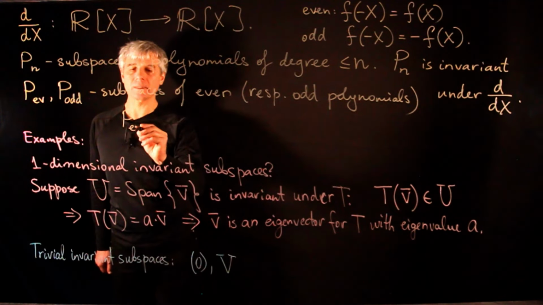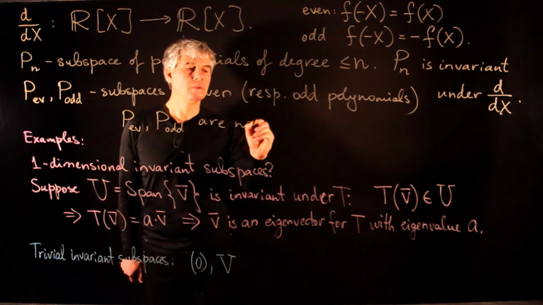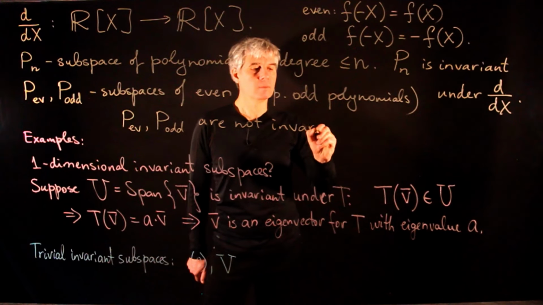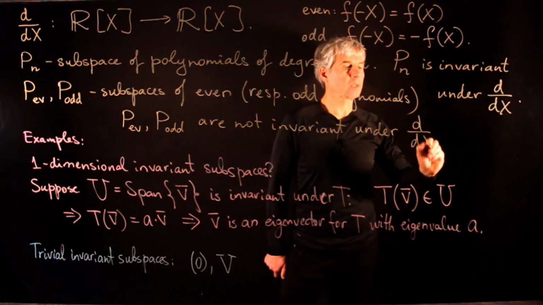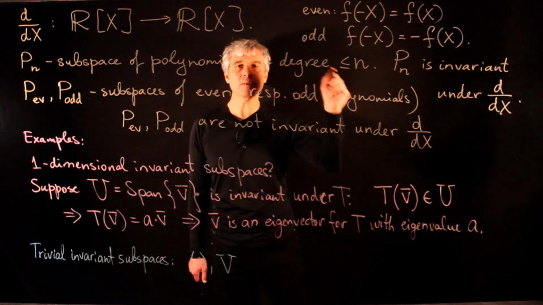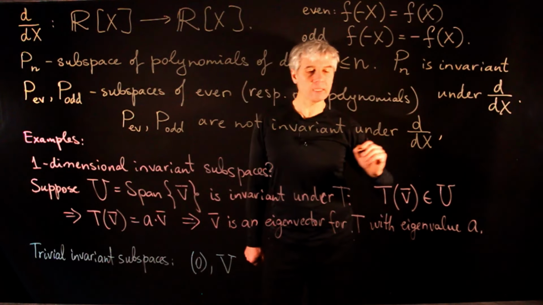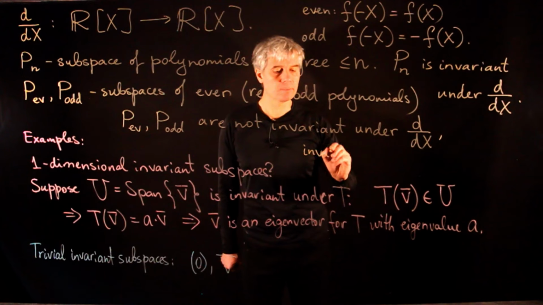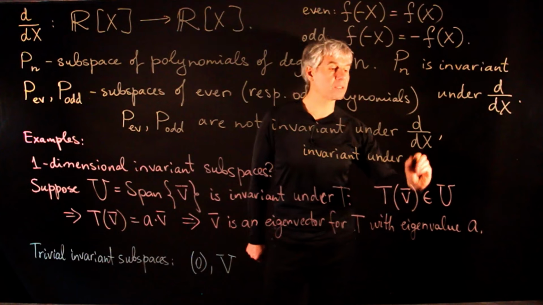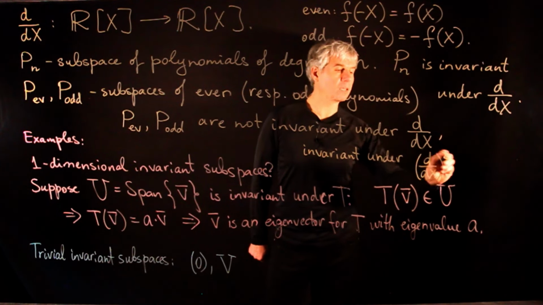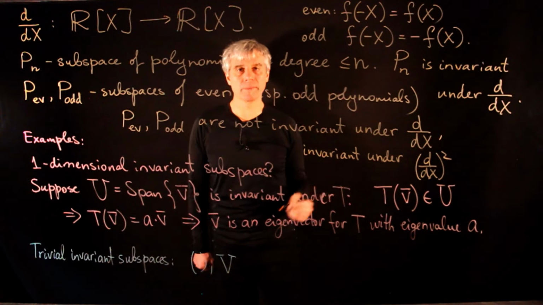So these spaces are not invariant under the operator of differentiation. One can check that the derivative of an even polynomial is odd and the derivative of an odd polynomial is even. But the spaces are invariant under the operator of the second derivative. So if we take an odd polynomial and differentiate it twice, then the result will be an odd polynomial.